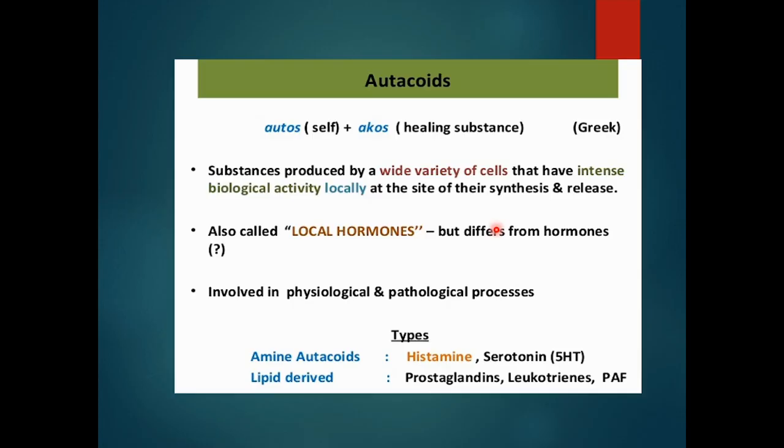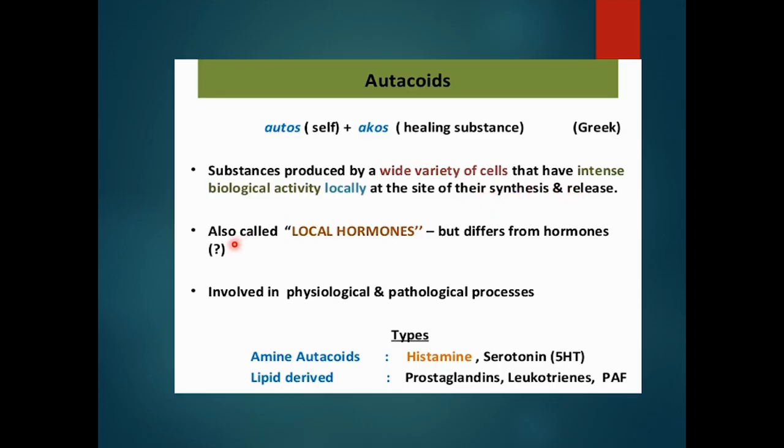The word autocoid comes from the Greek words autos, meaning self, and akos, meaning healing substance or a drug. These autocoids are substances produced by a wide variety of cells that have intense biological activity locally at the site of their synthesis and release.